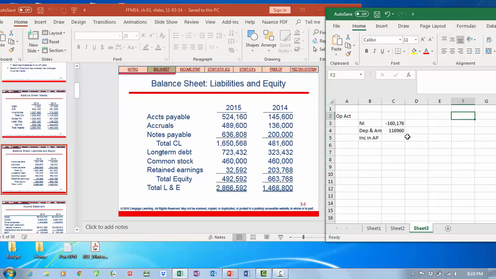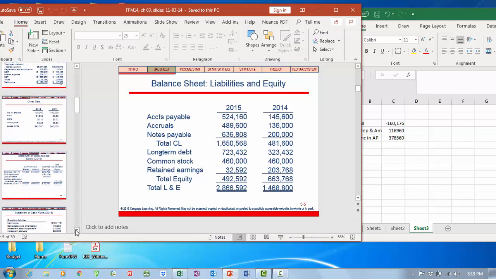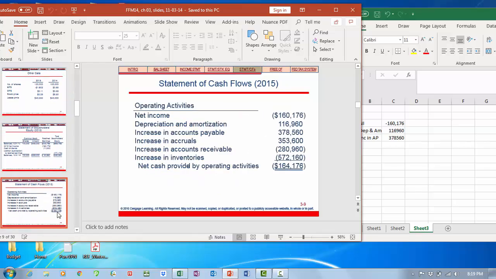So you can simply take that amount, 524,160 minus 145,600. So that should be the amount. There you go, increase in accounts payable. That's how you can calculate.